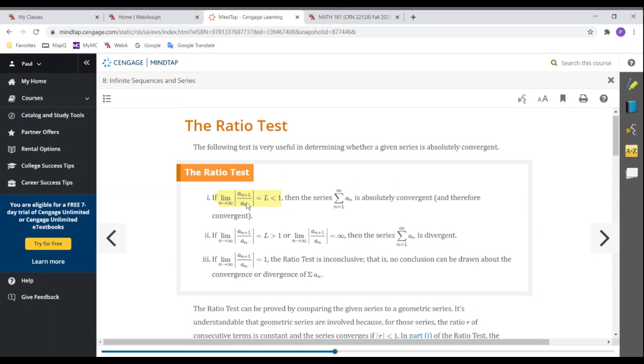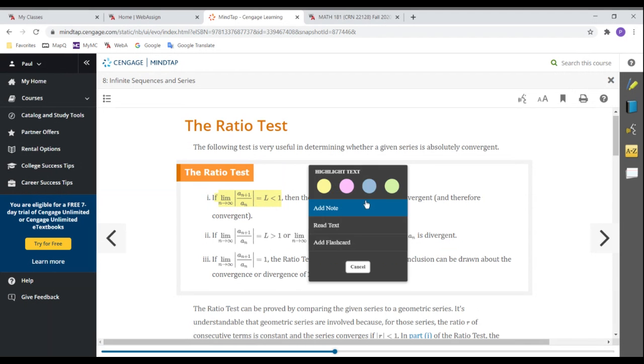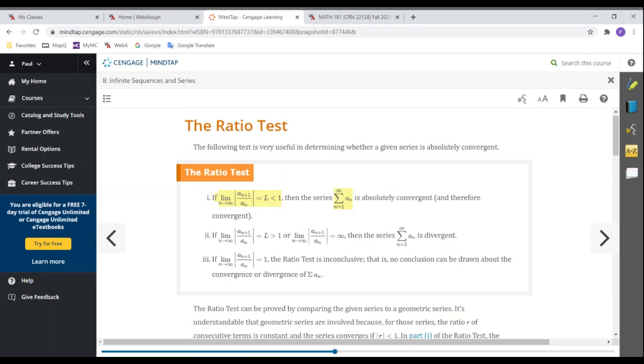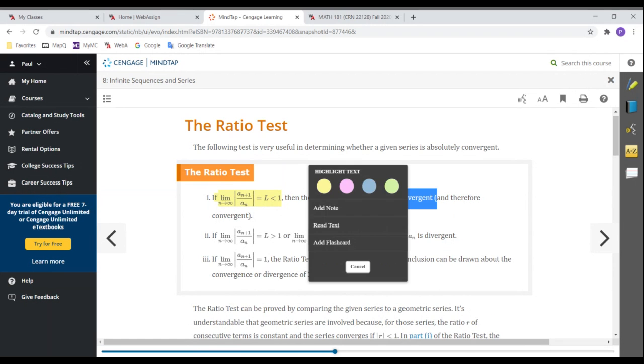If the ratio equals L, okay, a number, and that number is less than 1, then we can say our series is absolutely convergent.